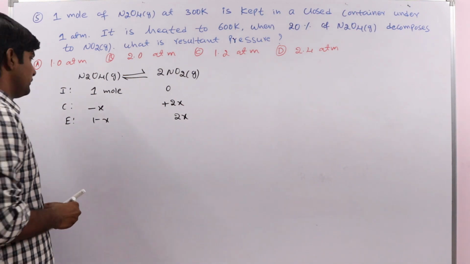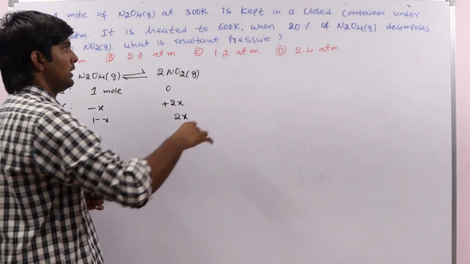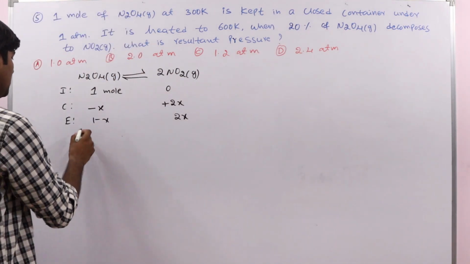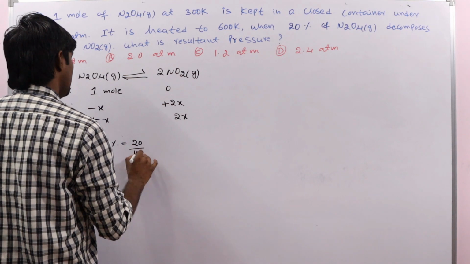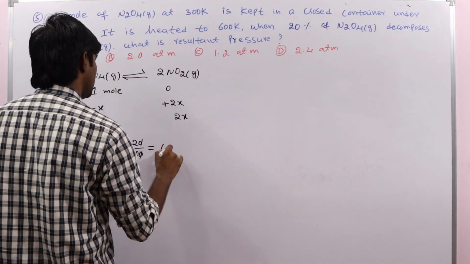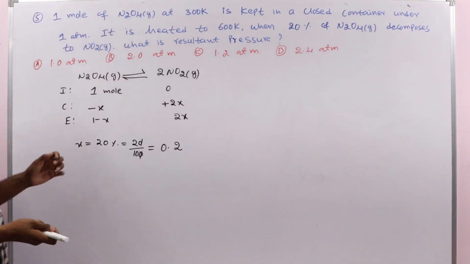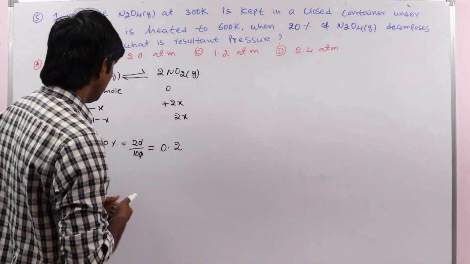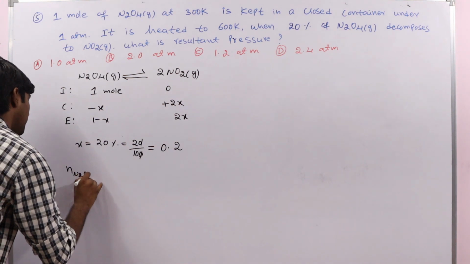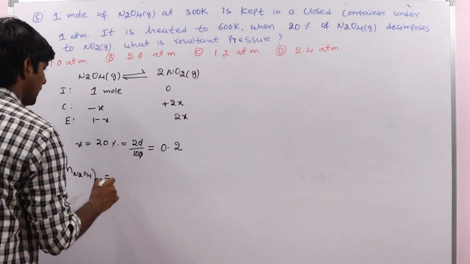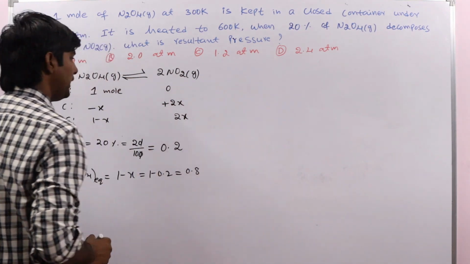These are the equilibrium moles, and here it is given that x is 20%, that is 20 by 100, which is 0.2. Therefore the number of moles of N2O4 at equilibrium is 1 minus x, that is 1 minus 0.2, equal to 0.8.